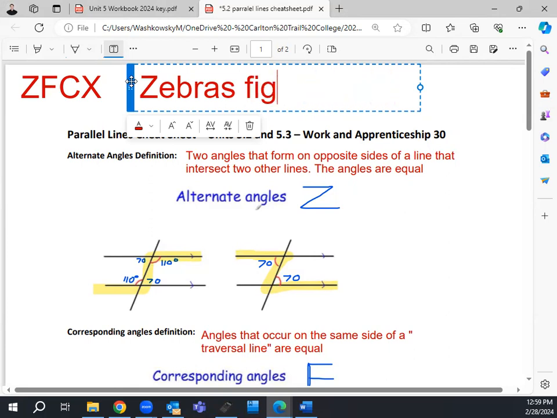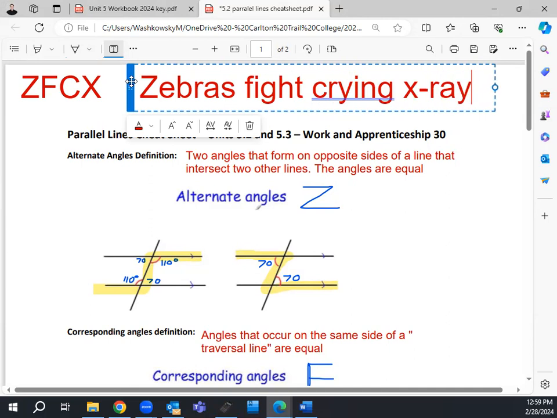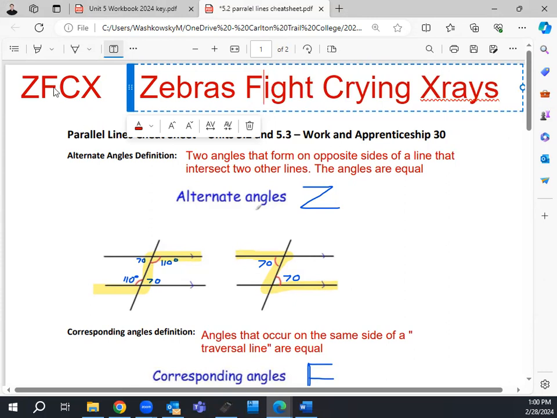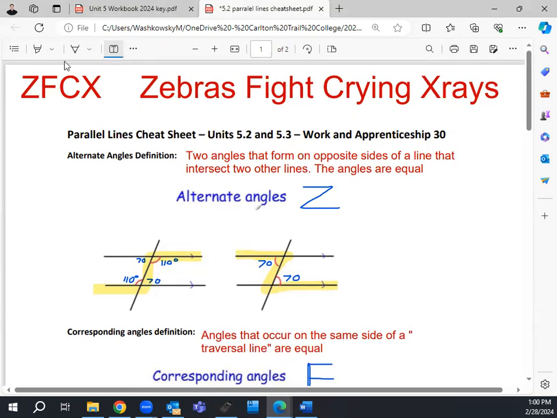Zebras fight crying x-rays. I just made a weird sentence with the first letters of all those different things. You're looking for Z's, F's, C's, and X's.